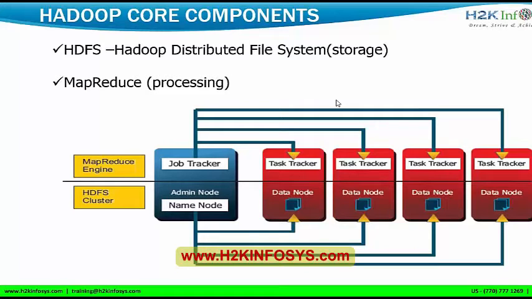So in this diagram we are seeing a few more new terms, right? So let's come back to Hadoop architecture again. Hadoop actually has two teams: the HDFS team, which is used for storage, and the second team is called the MapReduce team.